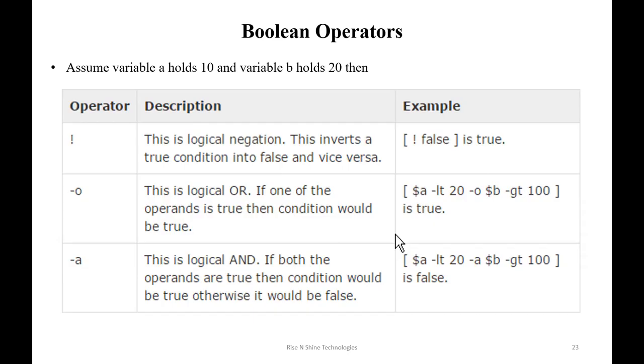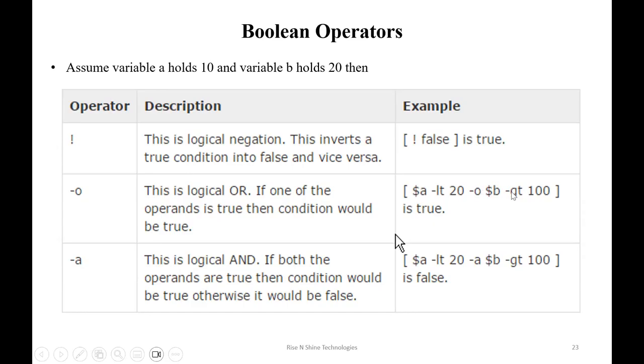One more observation. In OR, if the first is true, I don't need to check the second condition, because obviously the statement is going to become true. If the first is false, then I need to check the second condition. If the second condition is true, then my statement will be true, or if the second is false, then my statement will be false. That is our base: if the first condition is true, then don't check the second one.